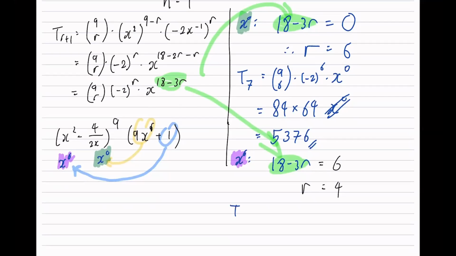What do we do next? We sub in the formula. So t r plus 1, 4 plus 1, 5, equals to 9 choose 4 multiplied by negative 2 power 4 times x power 18 minus 3 times 4. Of course, as expected by design, we wanted it to be a 6. So now we can sub in the formula, the calculator. 9 choose 4 times bracket negative 2 bracket 4.